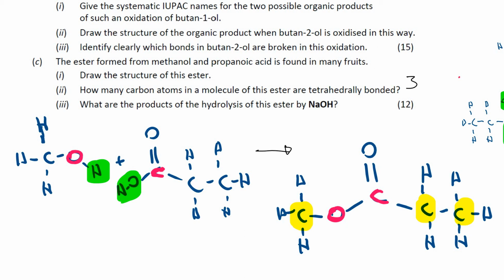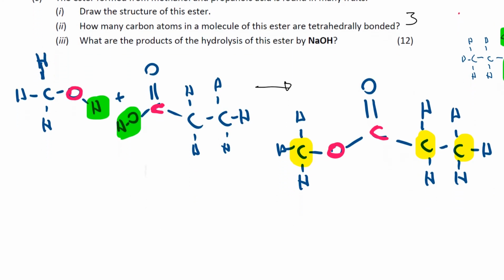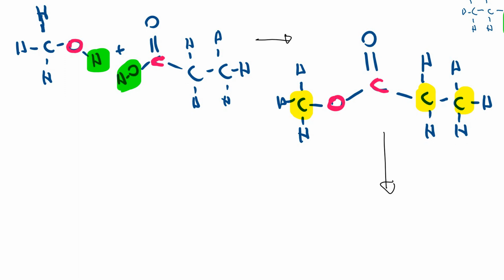What are the products of the hydrolysis of this ester by sodium hydroxide? So it's now saying, if I took that and reacted it in what's known as a saponification reaction with NaOH, the OH just pretty much goes in here, and the electrons go up and that goes back down, and you kick this product out.